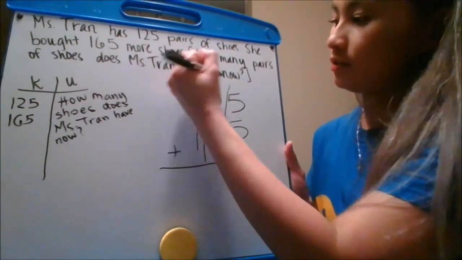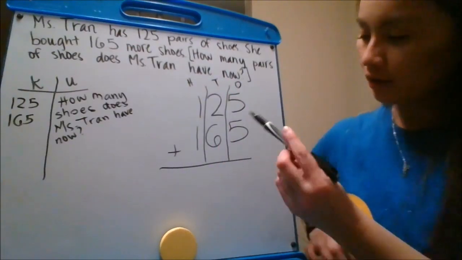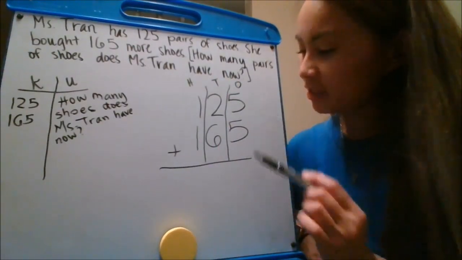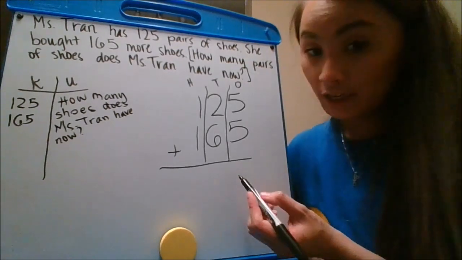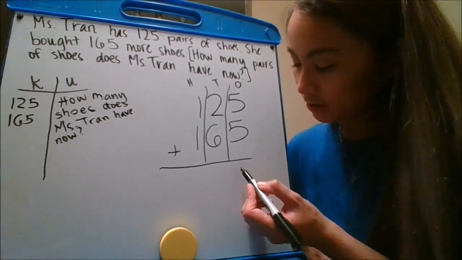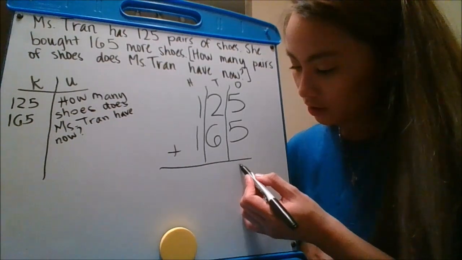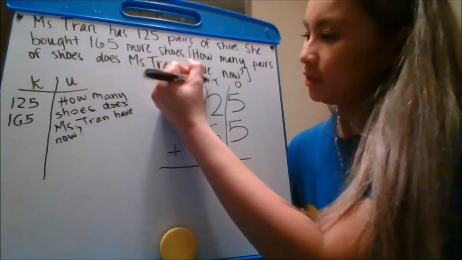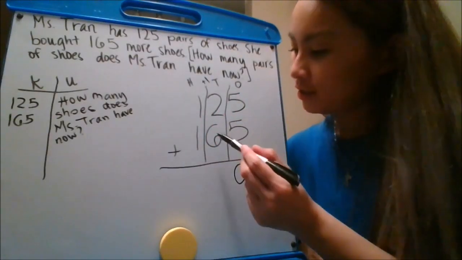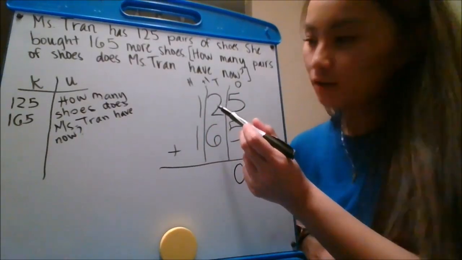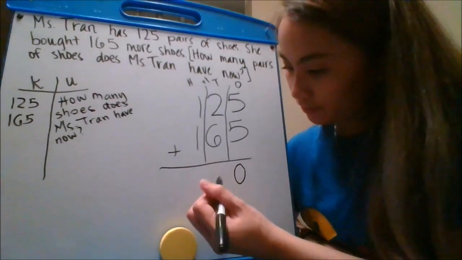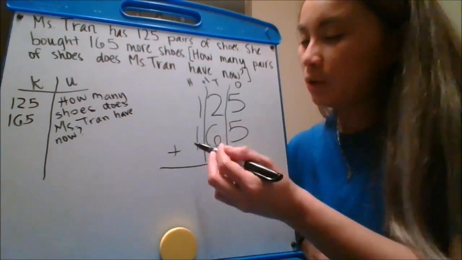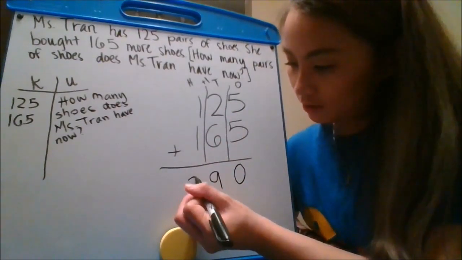Hundreds, tens, and ones. And we're always going to start on the ones place. So 5 plus 5 is 10. And we know the 0 in 10 is in the ones place. So we write a 0 right here. Carry the 1 to the tens, and we're going to add. So 6 plus 2 is 8, plus 1 is 9. And we know that 1 plus 1 is 2.